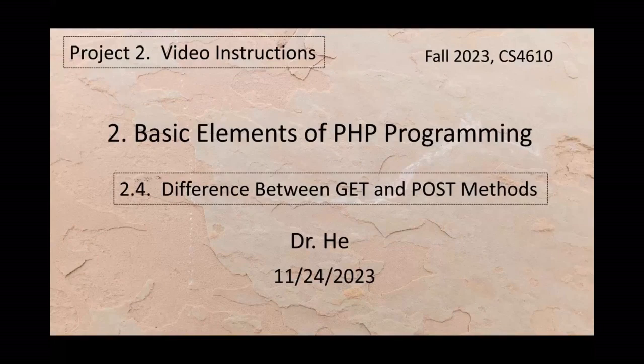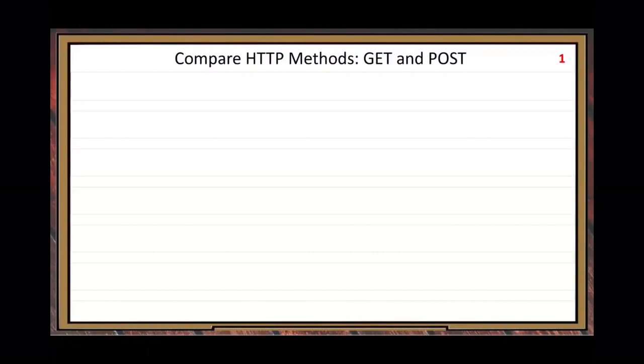In this part, I want to give you clearly the main difference between these two commonly used HTTP methods to send data from client to server. All right, so to understand this part, you need to know the HTTP request object structure.